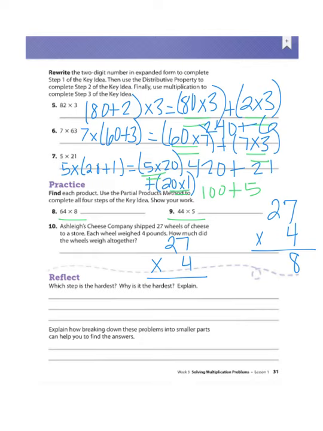You put down your 8 and you carry your 2. 4 times 2 is 8 plus 2 is 10. So you can also solve it that way. And we are not going to do the reflect.